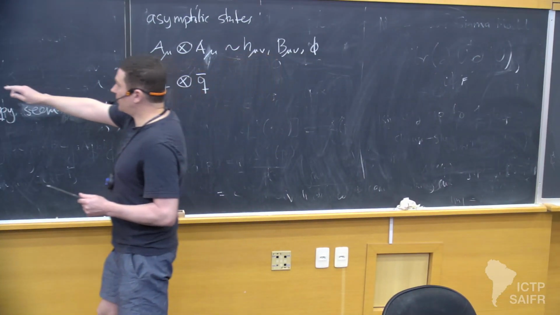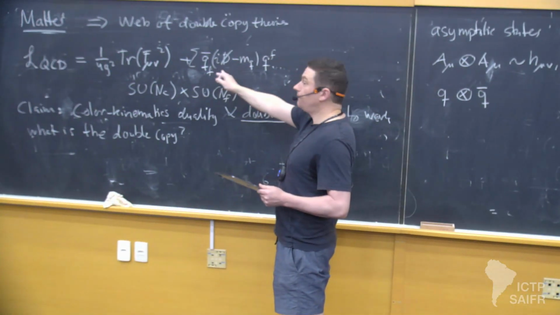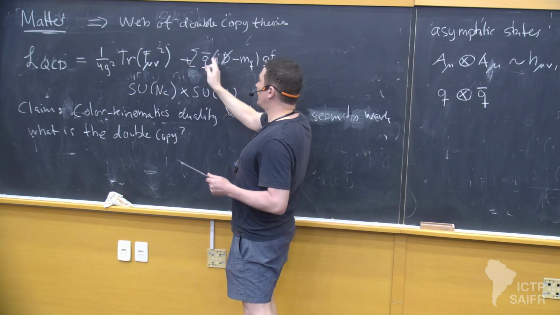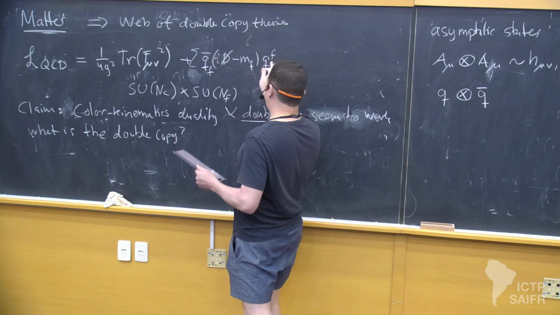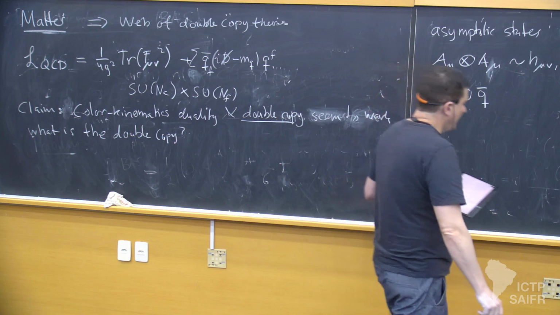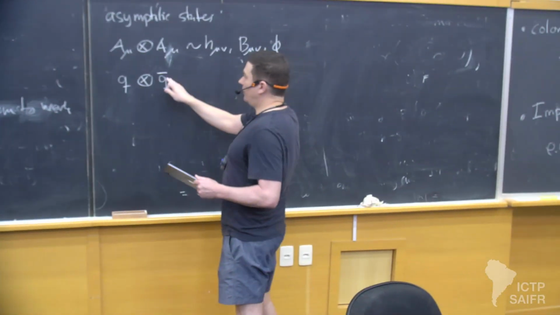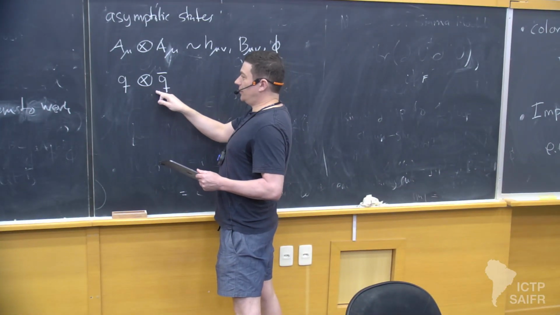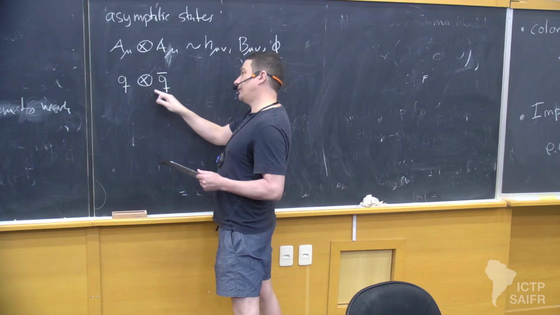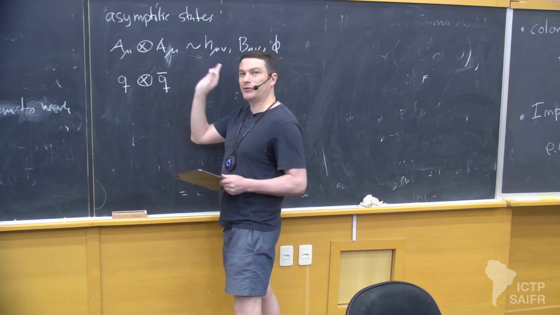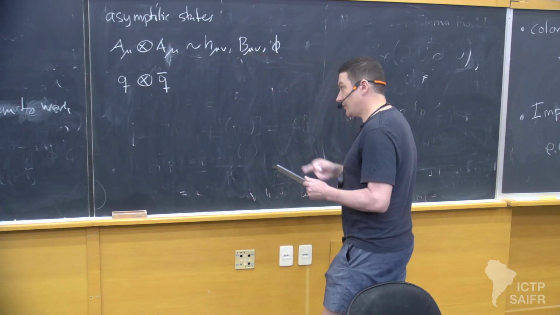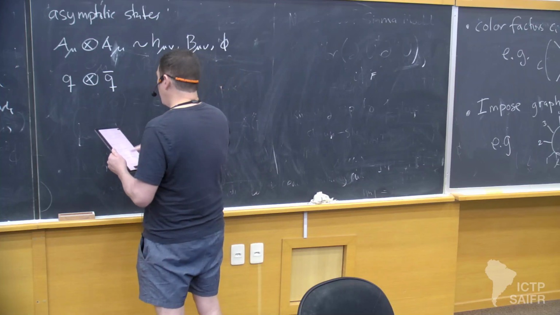I didn't say here, but the quarks, of course, are in the fundamental. That's why there's no trace here. This is the antifundamental and this is the fundamental. And whether things are in the fundamental or antifundamental doesn't really matter, because you're going to strip off the color. But let's just write it like this, it looks nice.